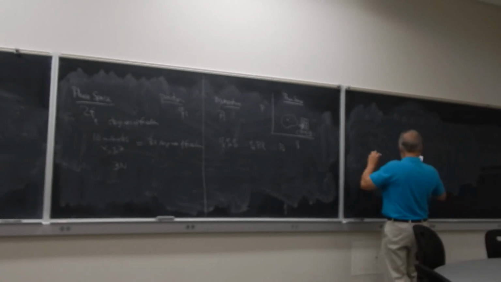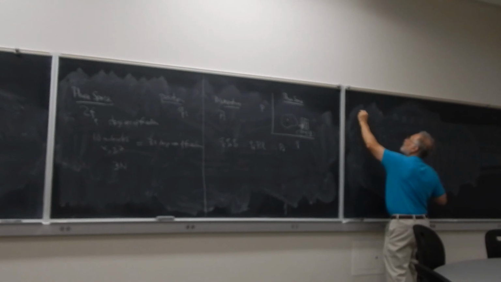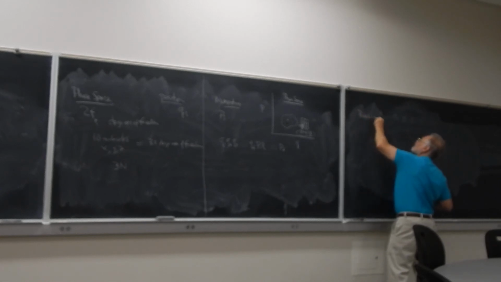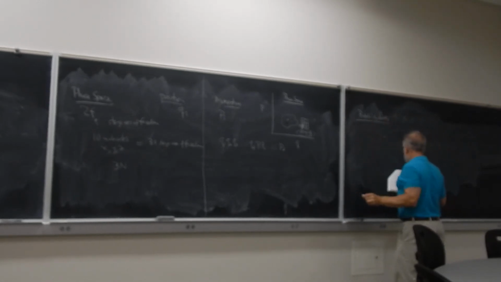So what we want to do is talk about a probability density. And we've talked about this a little bit before. But I want to talk about it in terms of our ensemble.